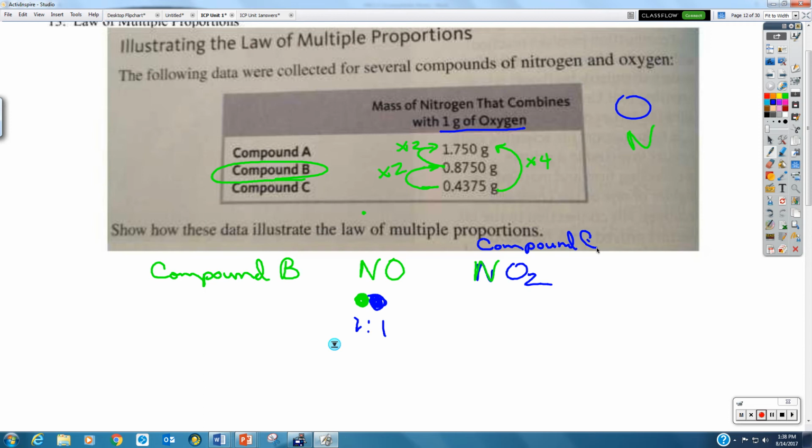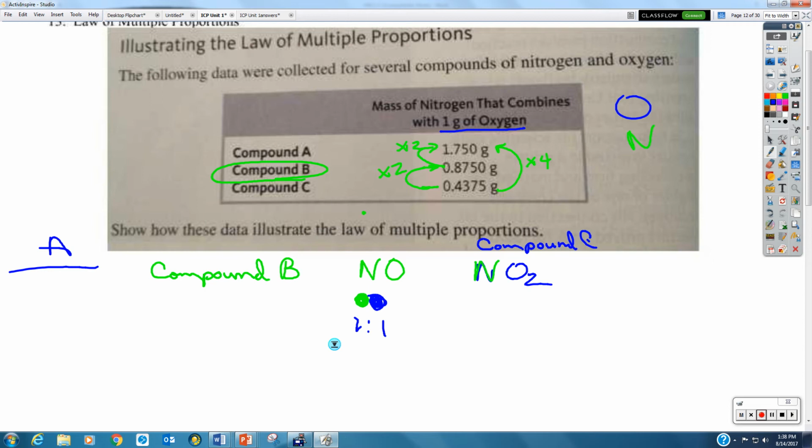All right. So what would compound A be? How would I write compound A?